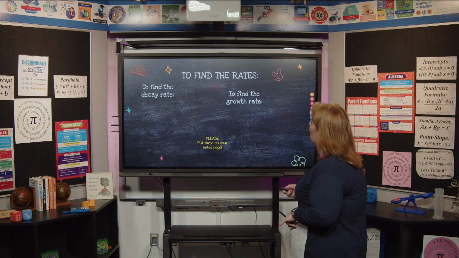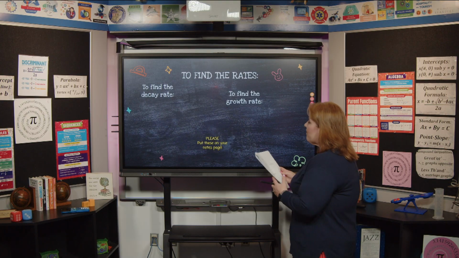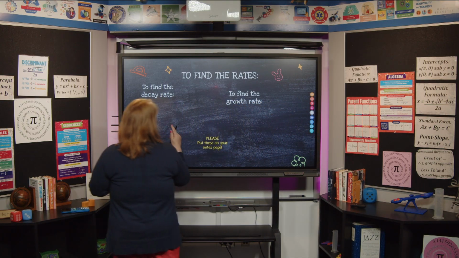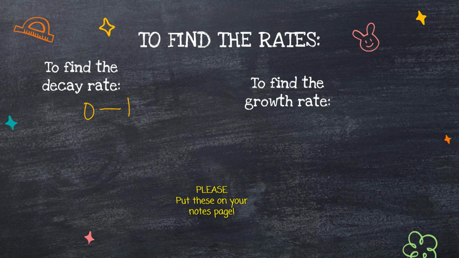Good catch. All right, to find the decay rate, what did we say? When we find the decay rate, our amount is going to be between 0 and 1. And then to find the growth rate, we said that it's going to be 1 or larger. So we need to make sure that we're putting these on our notes page. To find this decay rate, I'm going to subtract B from 1.